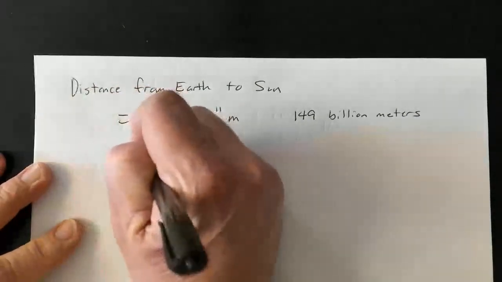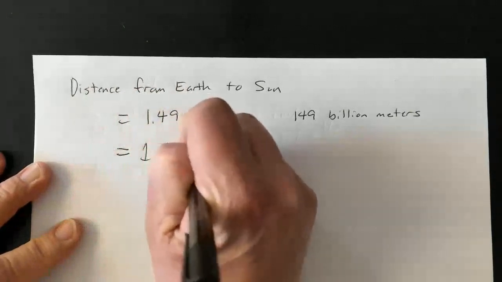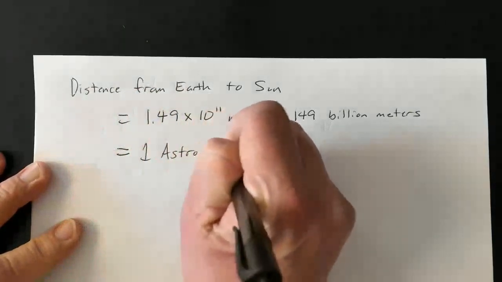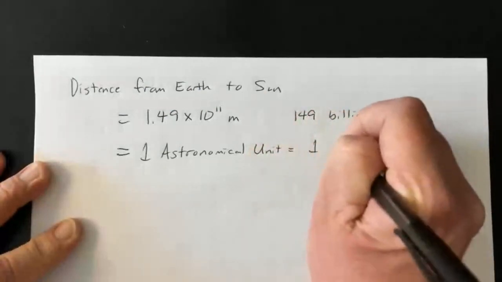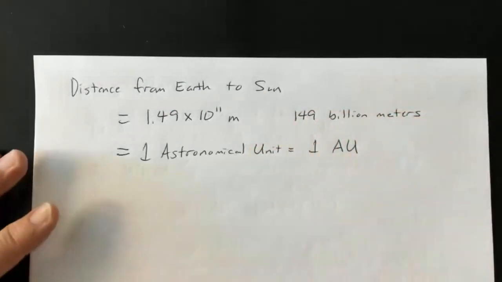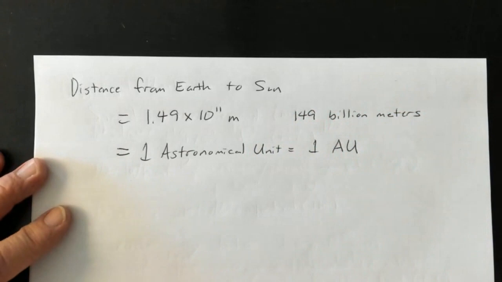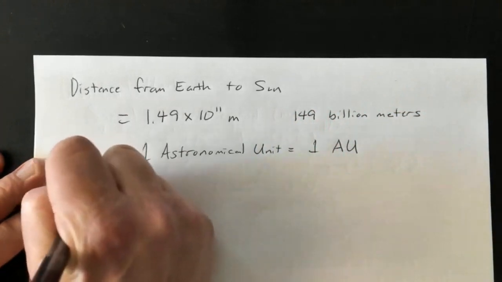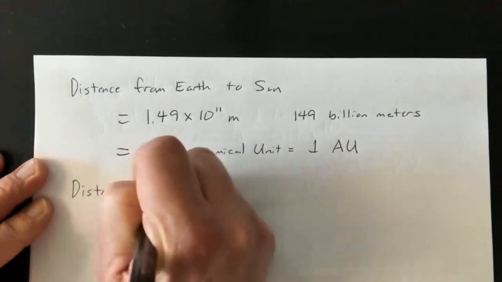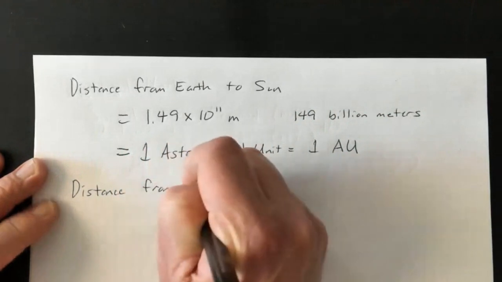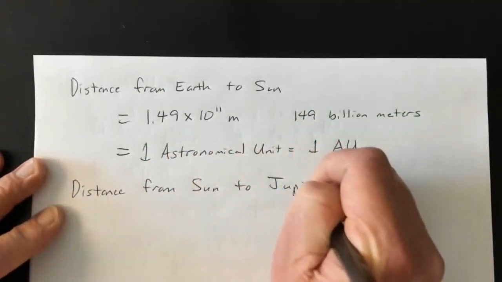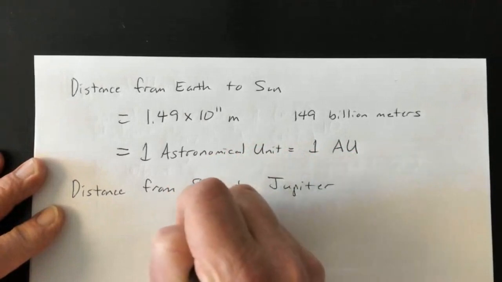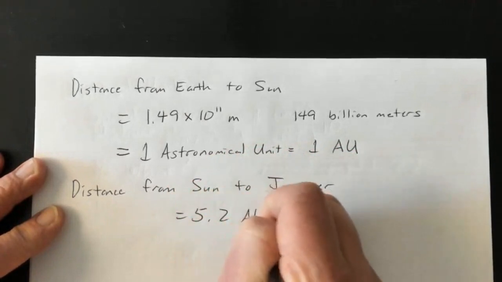You can call this one astronomical unit, referred to as 1 AU. And so the distance from Sun to Jupiter, the largest planet in our solar system, is equal to 5.2 AU.